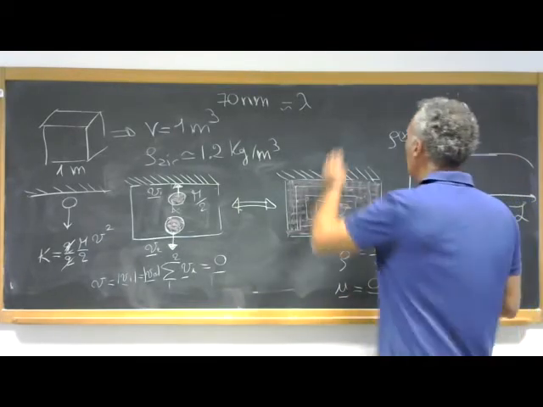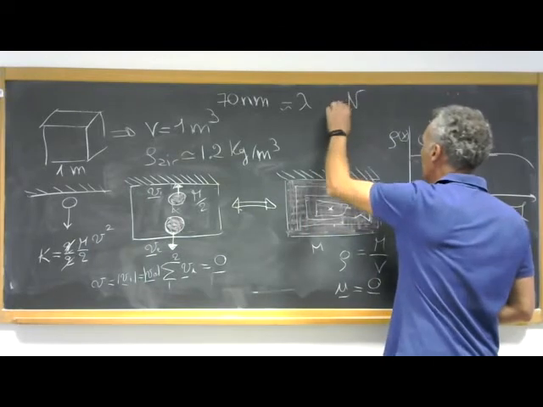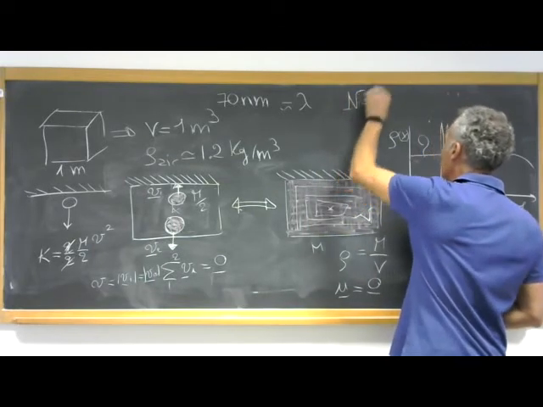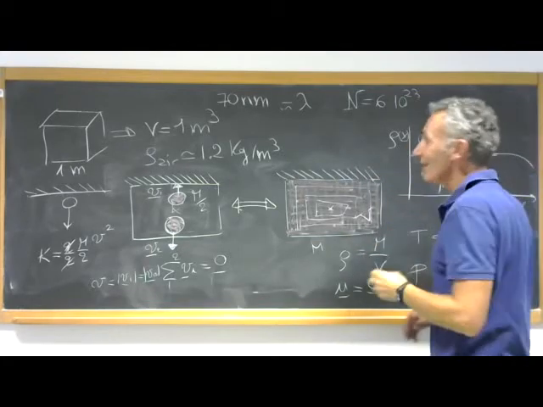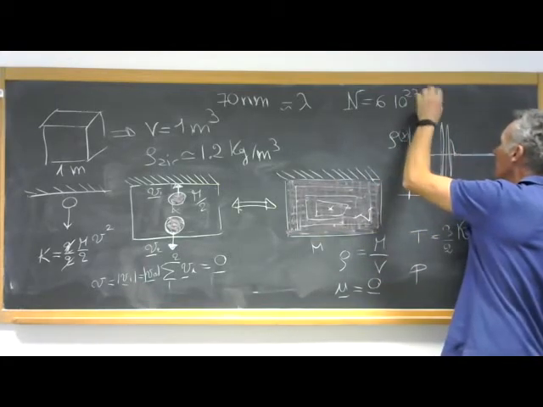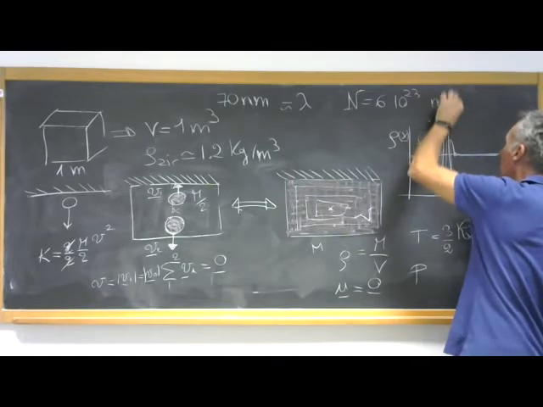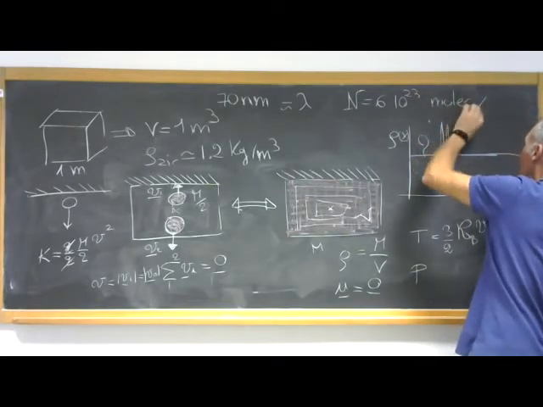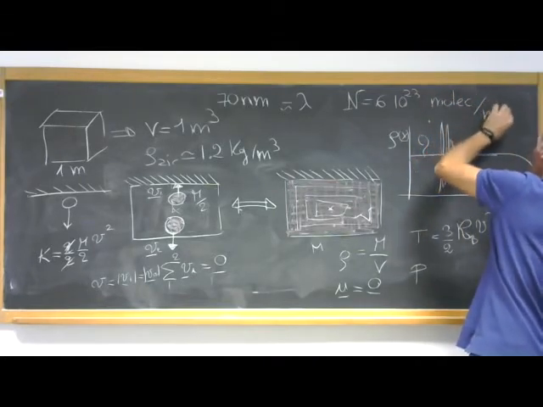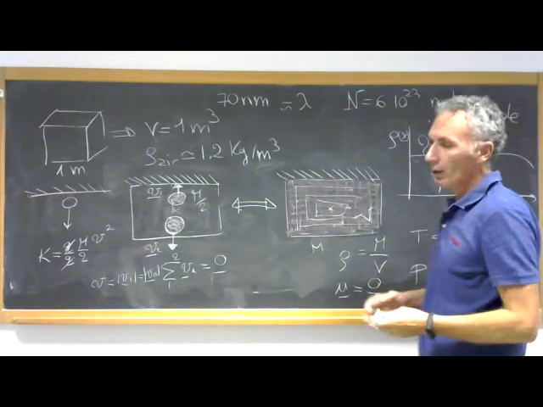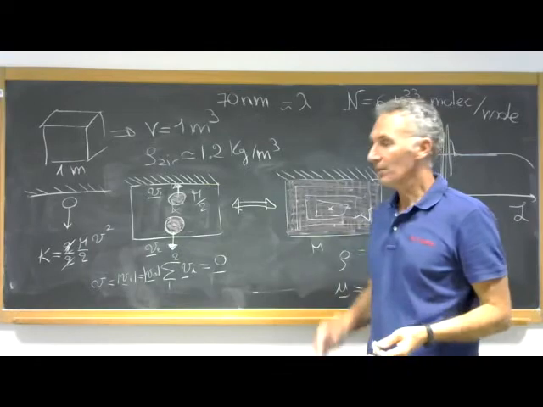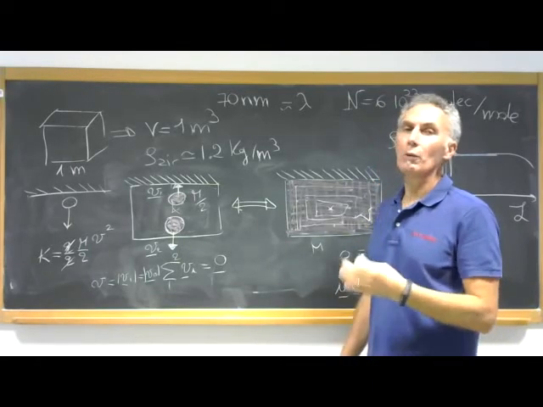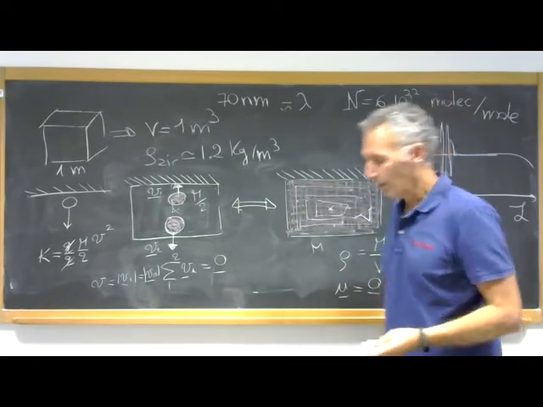We know that the Avogadro number, which is about 6×10^23, is the number of molecules per mole. So what is a mole? It is a quantity of mass expressed in grams equal to the molecular weight of the substance.